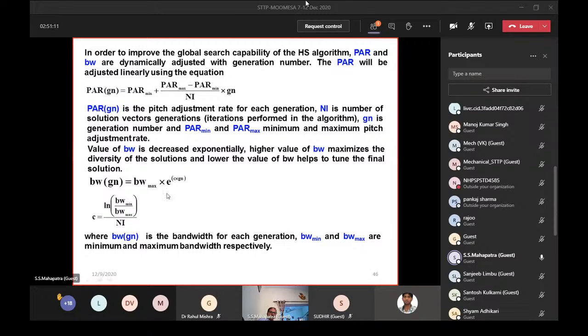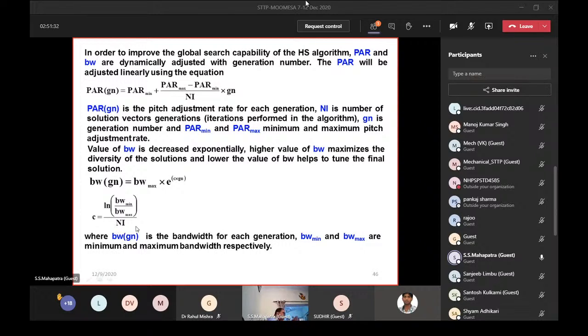This c is given by the relation ln of BW min by BW max divided by the number of iterations. So it is a very simple algorithm.